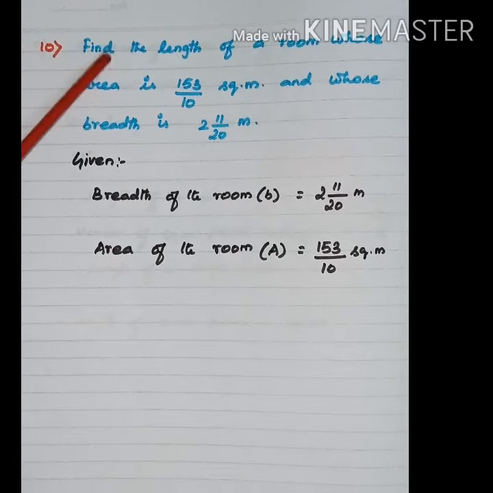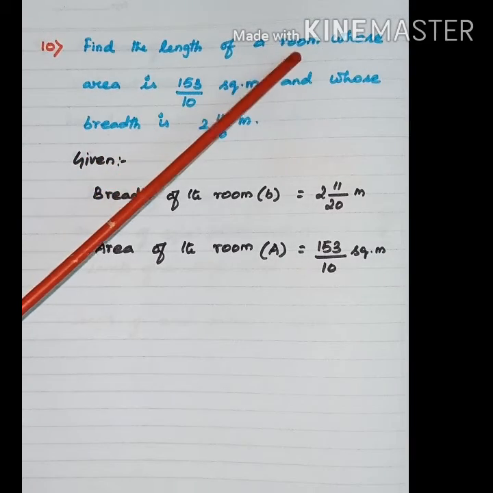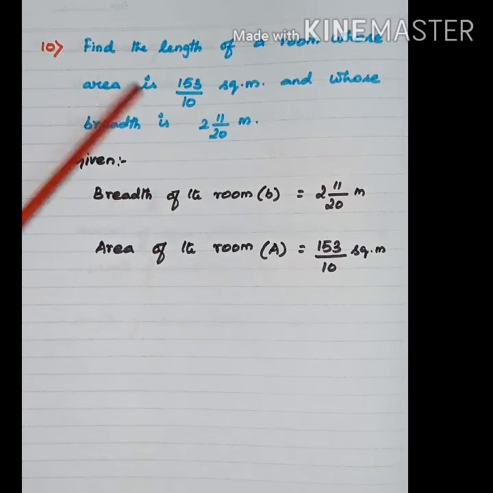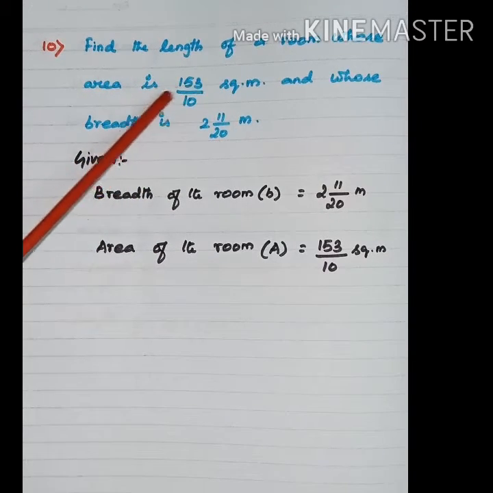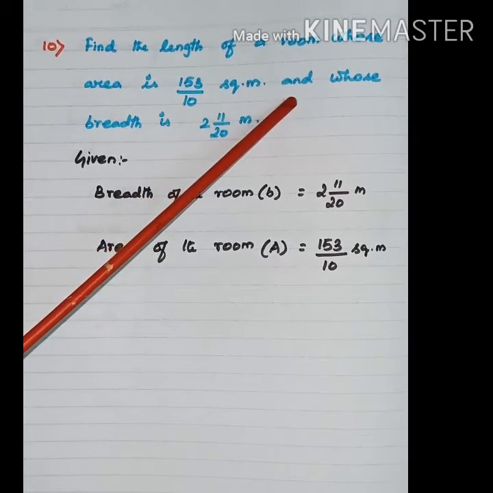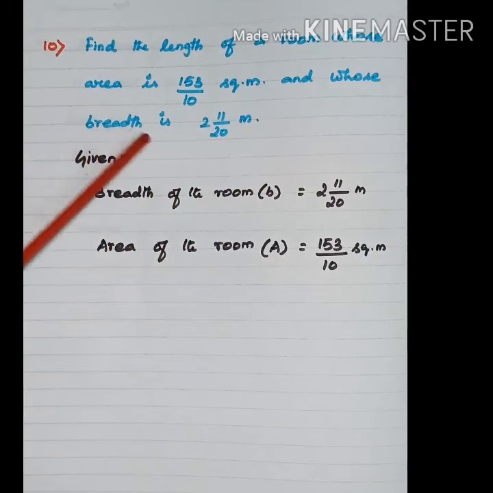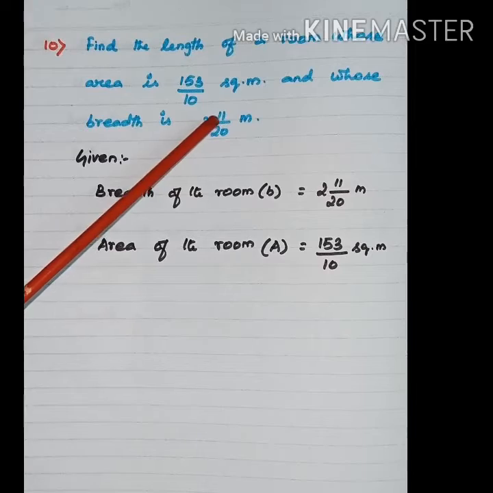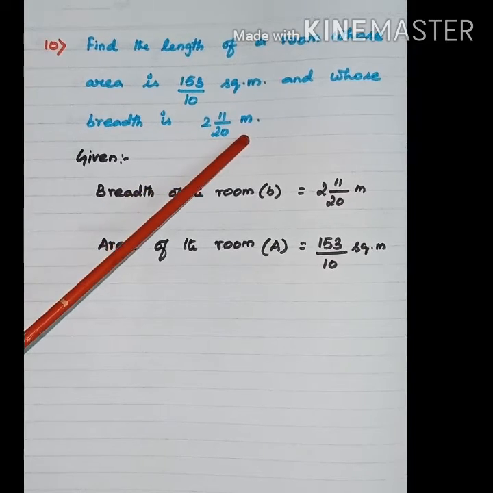Tenth sum is, find the length of a room whose area is 153 by 10 square meter and whose breadth is 2 1/20 meter.